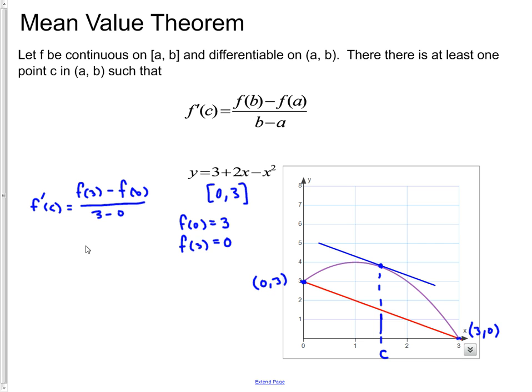In this case, that's really saying we want to find a place where the derivative is equal to, let's see, 0 minus 3 over 3 minus 0.